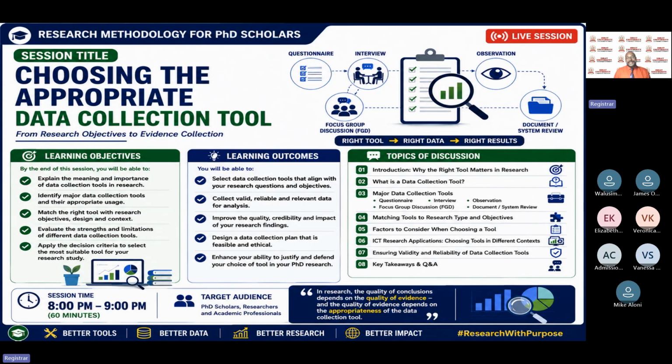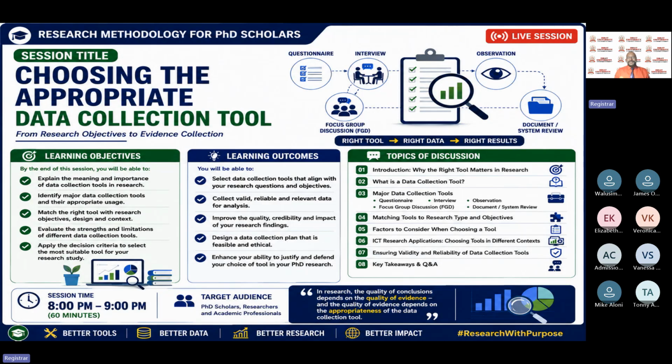So what we are going to discuss, we have 8 things, but today we will go only for very few things, maybe 1 and 2 only. That is, I give some introduction, why the tool matters in research and what is a data collection tool.